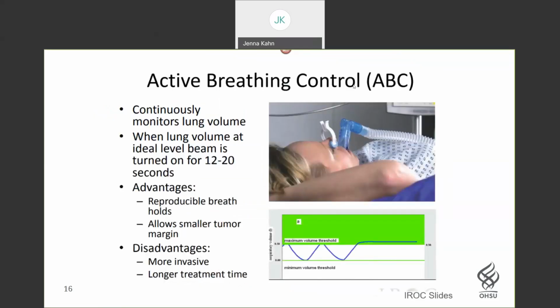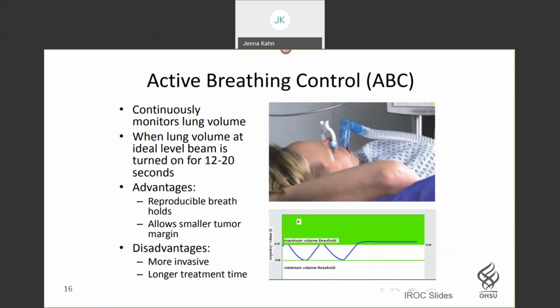Active breathing control, or ABC, is, I always say, kind of like snorkeling, where we can continuously monitor the lung volume, and we only turn the treatment machine on when it's the ideal time.